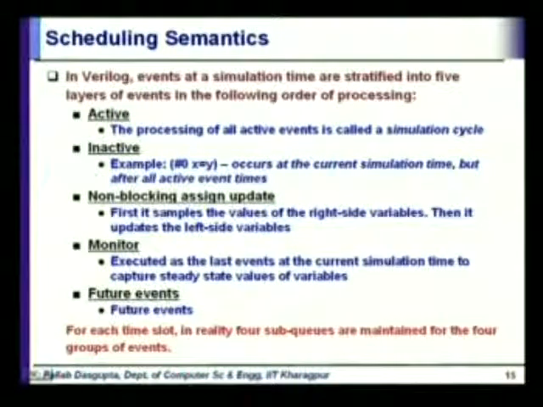Then after the active events are processed, inactive events are taken up. Now in this active event there is a further stratification, because some active events can trigger other events which are blocked on at-the-rate type of constructs, right. So they in turn will get activated, will create new events, and this is going to continue until at some point of time there are no active events left at all. So that is called the end of the simulation cycle.